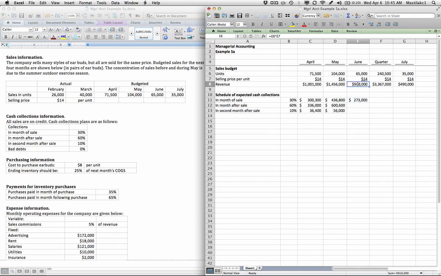In June, again, we're collecting 30% of June in June. We're also going to collect 60% of May's sales, and we're going to collect 10% of April's sales. And so that's what we plan to collect in each of these months, these amounts of cash, and we can simply sum how much we're going to collect in each month.